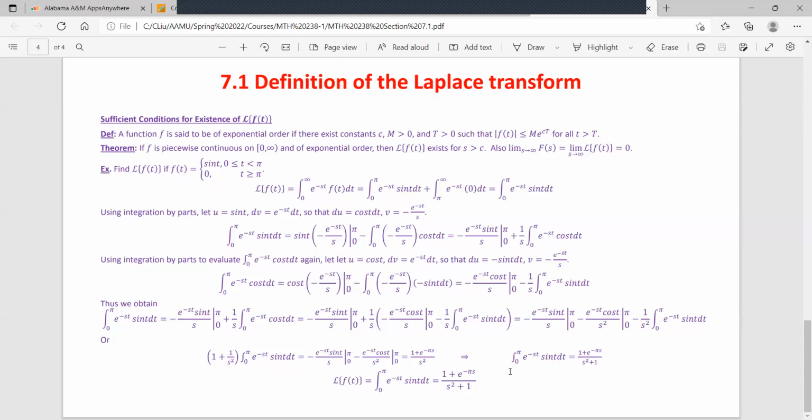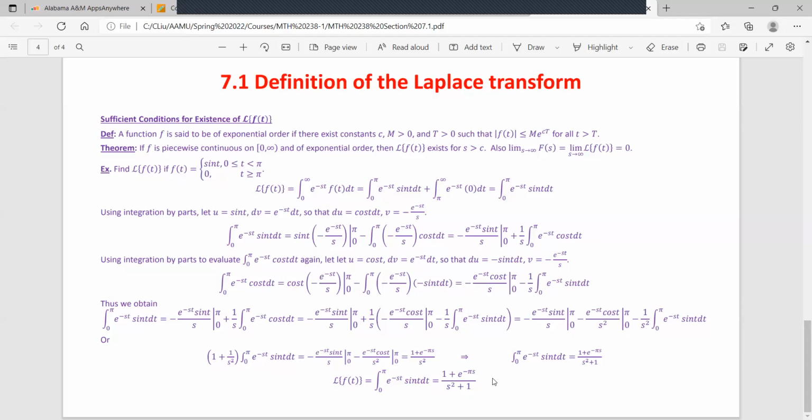So that's the integral, which is exactly what the Laplace transform of the original function is. So here is the final answer. The Laplace transform of the function is just equal to 1 plus e to the negative pi s over s squared plus 1. Okay, so that's the final answer for this example.